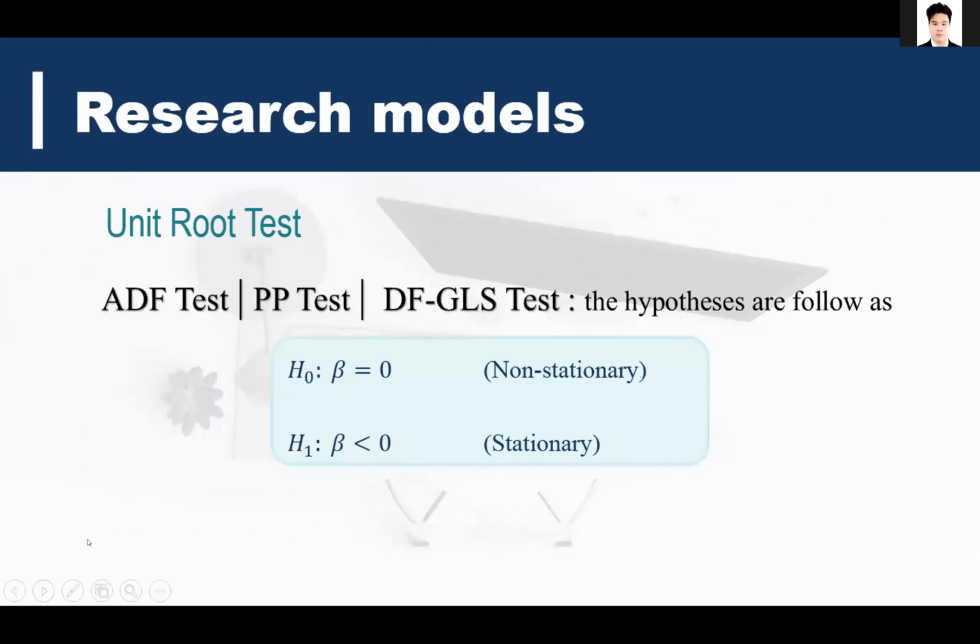The unit root test is an important process because many time series data are non-stationary, and non-stationary means that as time changes, the relationship between variables becomes spurious regression or imperfect information. So we need to use the ADF test, PP test, and DF-GLS test.